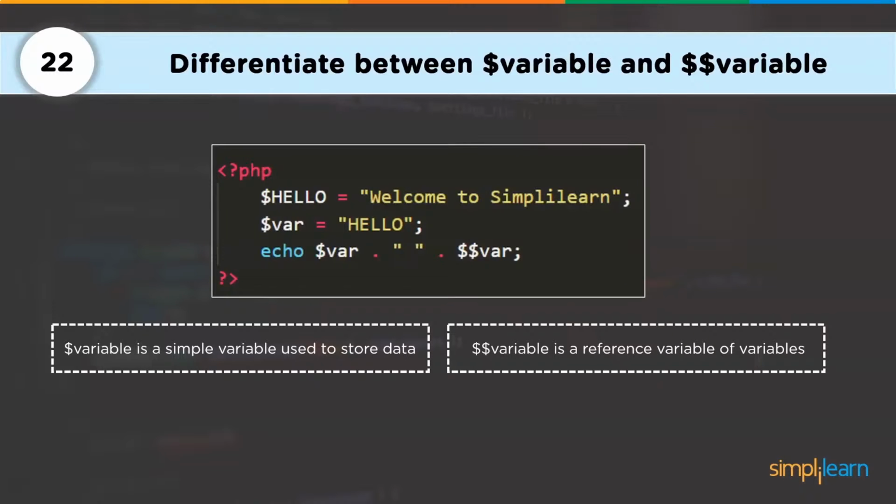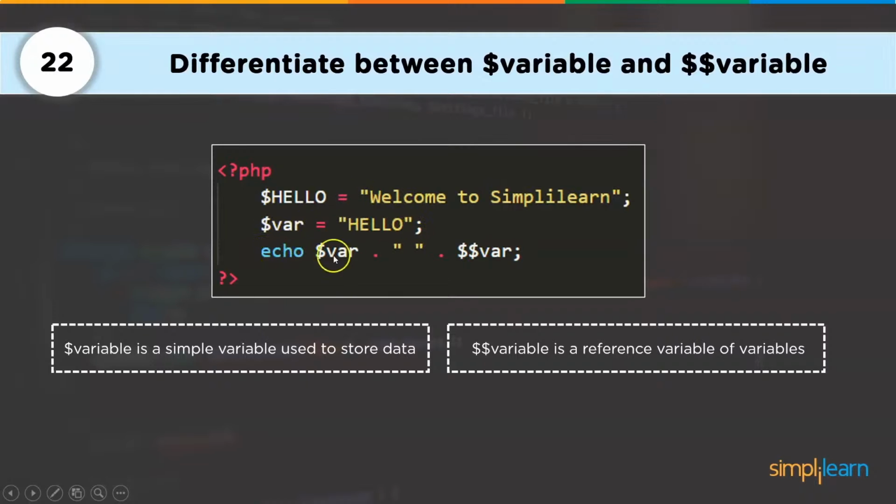Now to understand how these two work, you can see this particular block of code here. In this code, what you need to focus on is this simple variable hello, which contains the string welcome to Simplilearn, and we have defined another variable as var, which contains the string hello.